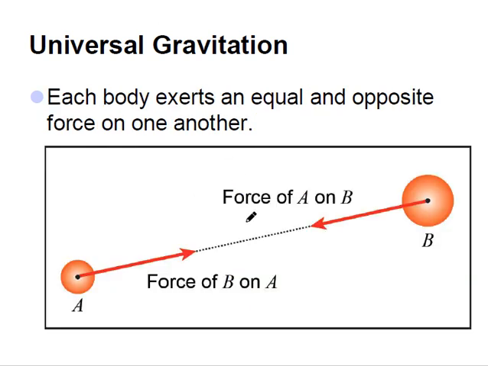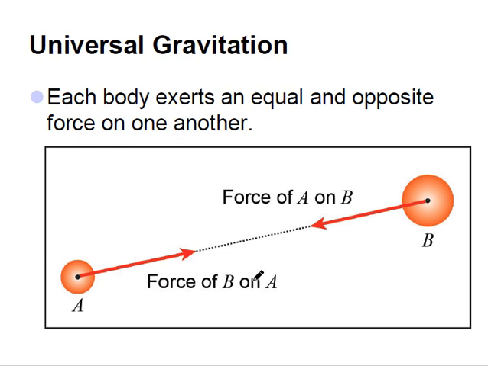Then we come into universal gravitation, and that's another review of your physics, Newton's third law of motion. When you think about each body, it exerts an equal but opposite gravitational force on the other body.